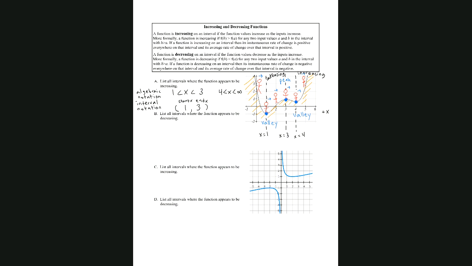And there's one more interval to list in interval notation. We'll go from 4 to infinity. And now it's done. Can we list the intervals where we're decreasing? Well, that would be from negative infinity to 1, and also from 3 to 4.